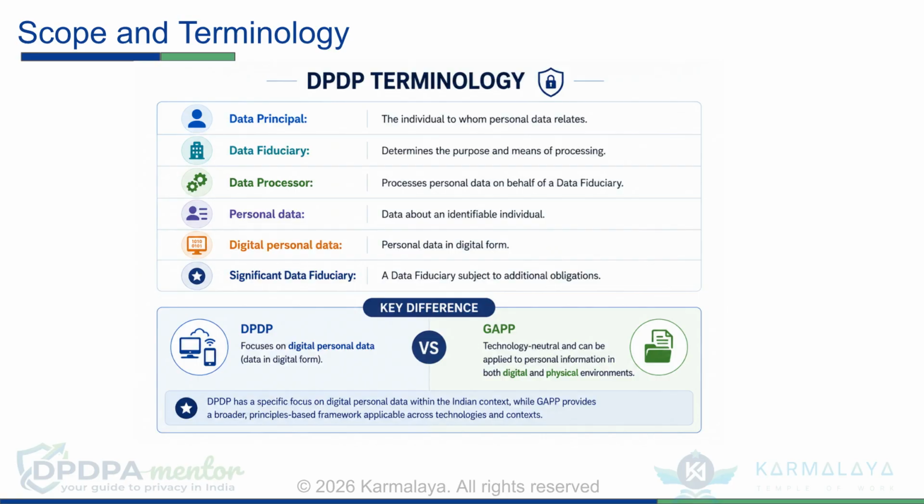The Act does not create a separate statutory category equivalent to GDPR's special categories of personal data. However, additional obligations may apply to significant data fiduciaries based on factors such as the volume and sensitivity of data, risk to individuals, and implications for national security or public order.